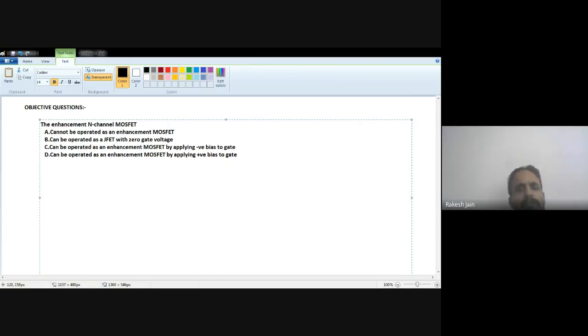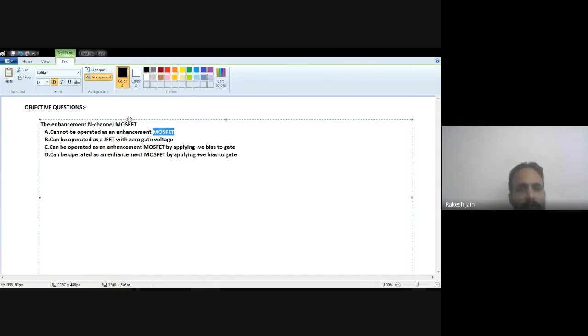So what we can say, the enhancement N channel MOSFET cannot be operated as an enhancement MOSFET. Actually, the meaning is the enhancement N channel MOSFET cannot be operated as an enhancement FET.